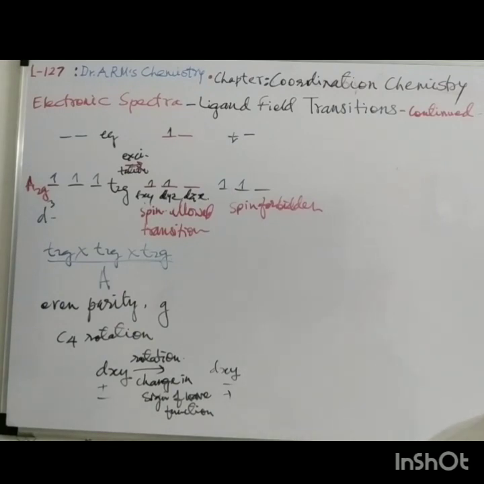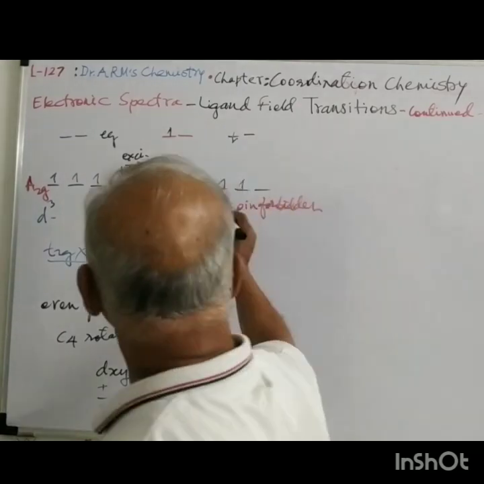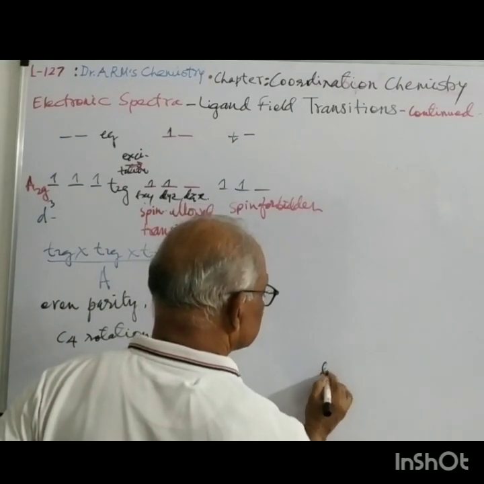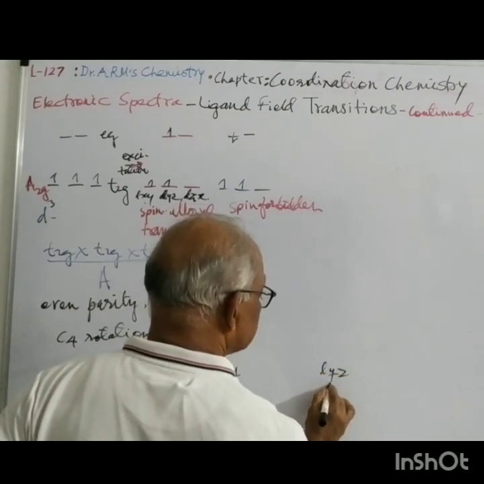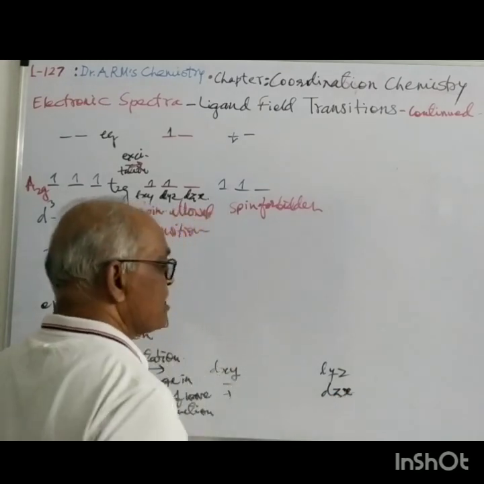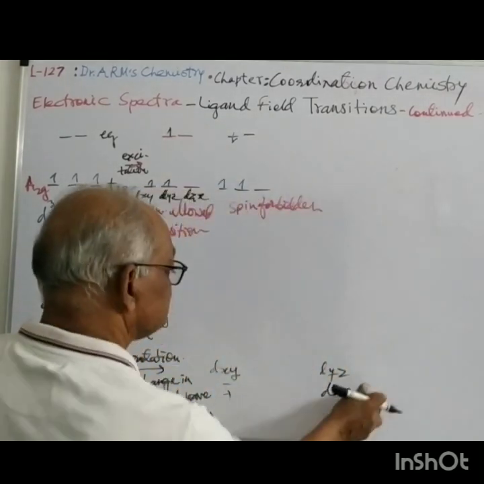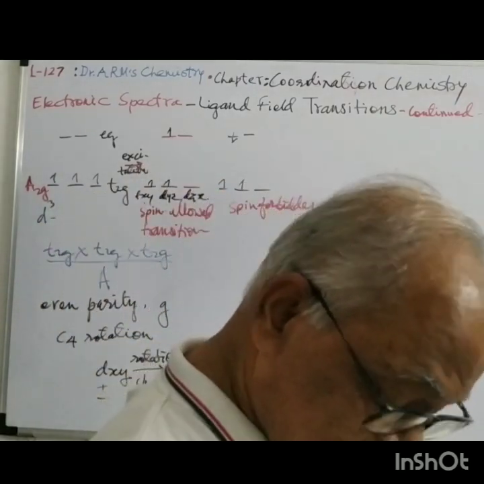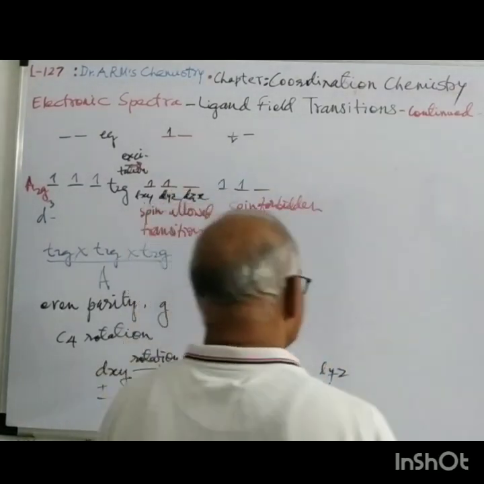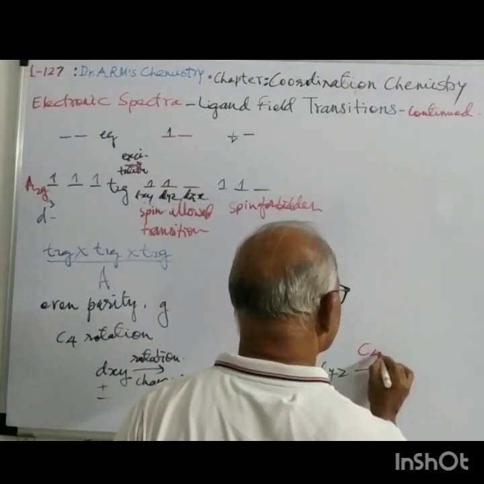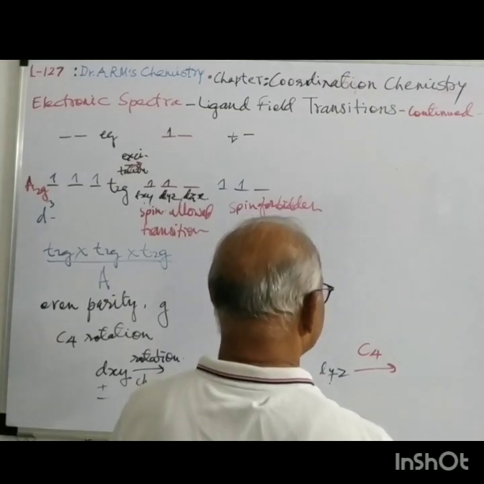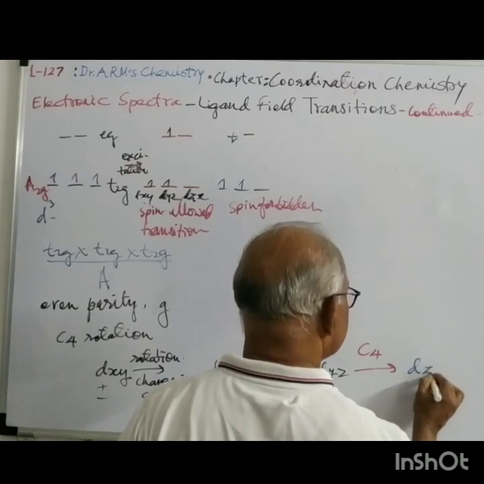But the other orbitals, dyz and dzx, show that when dyz undergoes C4 rotation, it is converted into the dzx orbital.